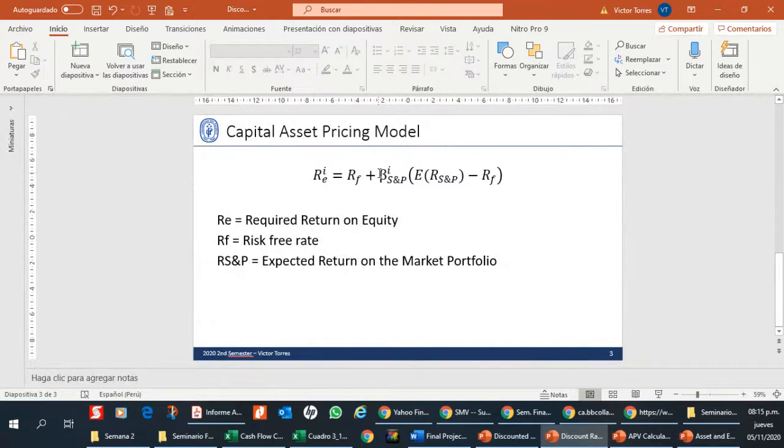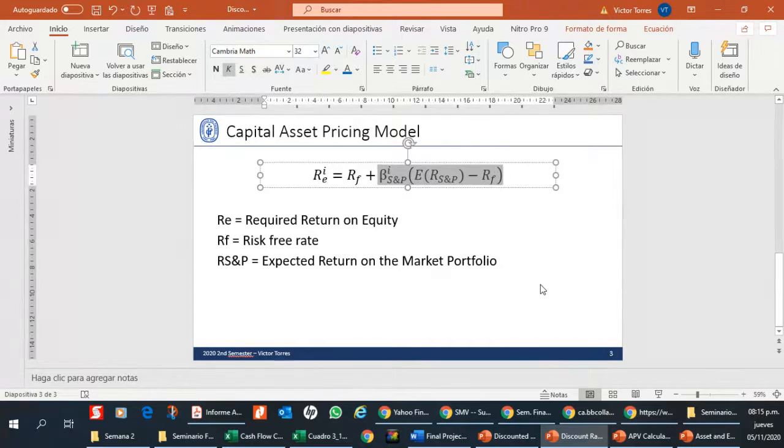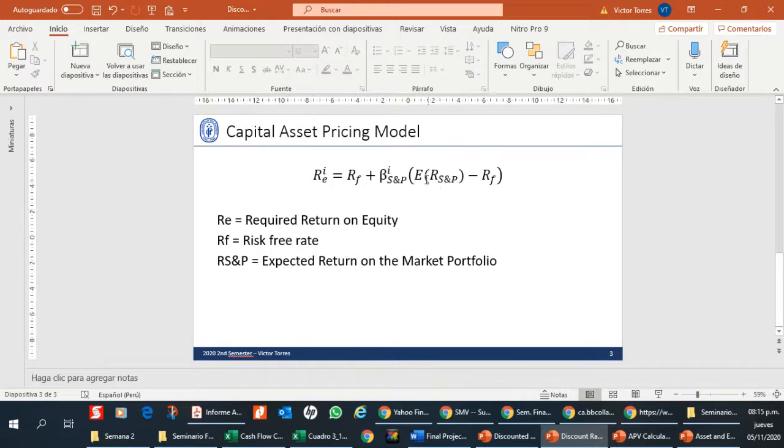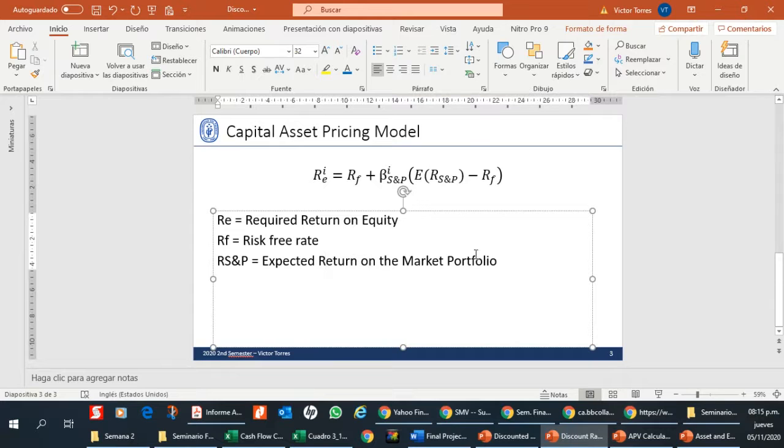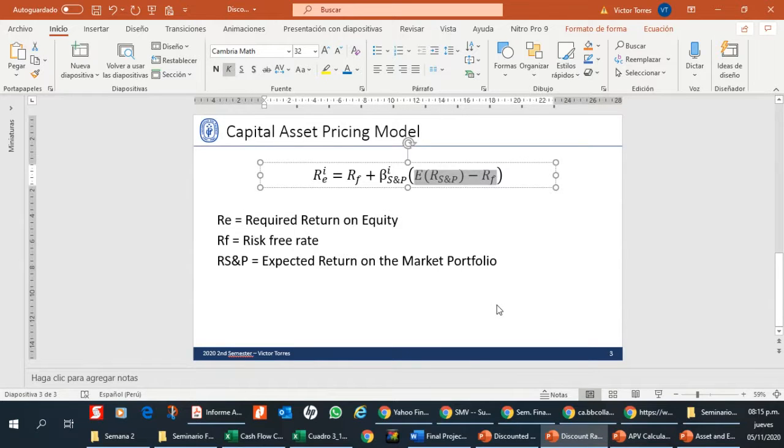And then you add what is the risk of the business that I have, right? And in order to consider the risk of the business that I have, you already know that you should consider the expected return on the market portfolio minus the risk-free rate to have what is called the market risk premium, right? So this difference is the market risk premium that we are going to consider in our estimation. The return on the market on top of the risk-free rate, right?